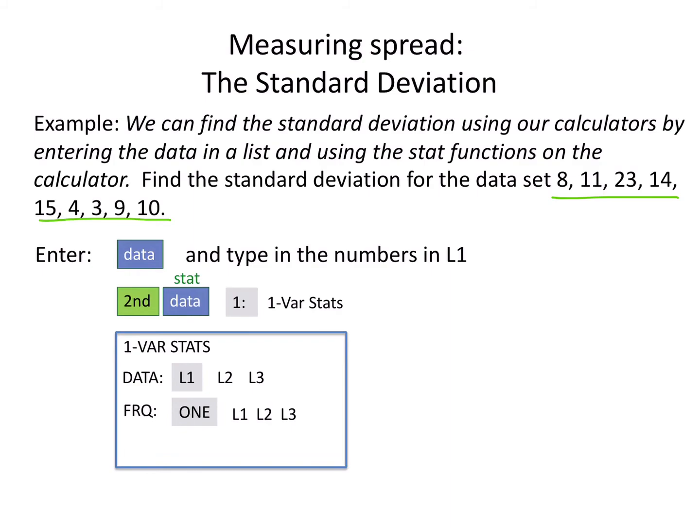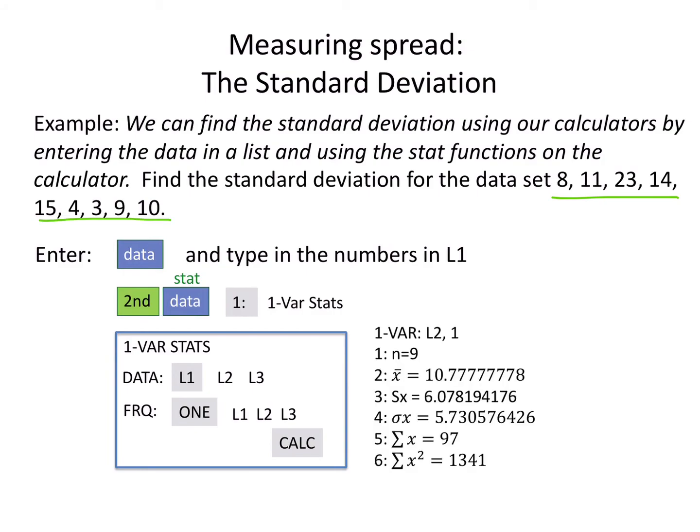That means that each of the data points that we've entered appears once in our data list, okay? All right, so make sure that those 2 are highlighted, and then you want to hit calc down at the bottom. So scroll down to the bottom to highlight the calc option and hit enter.